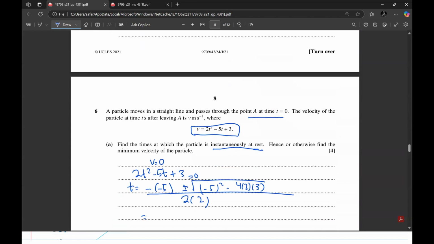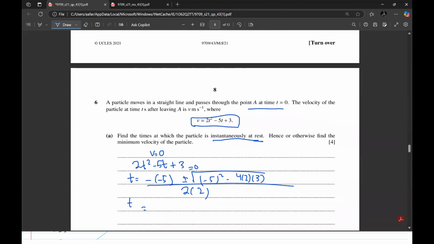We get that it is instantaneously at rest at 1.5 and 1. So we found when it's instantaneously at rest.